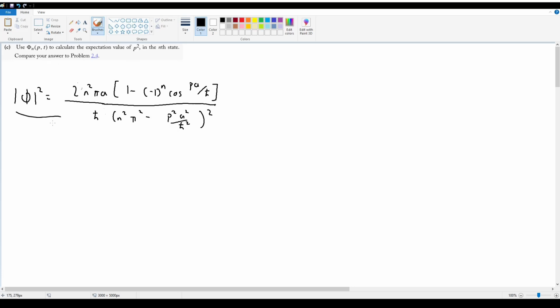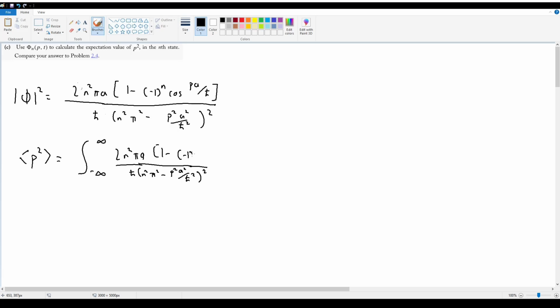So we have magnitude phi squared, in which case p squared momentum is just going to be the integral from negative infinity to infinity of 2n squared pi a over h bar times n squared pi squared minus p squared a squared over h bar squared times 1 minus (-1)^n cosine of p a over h bar.